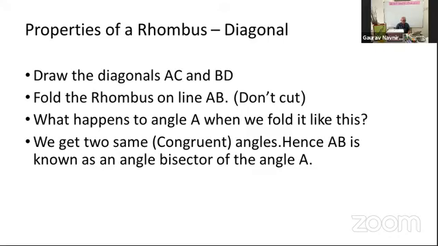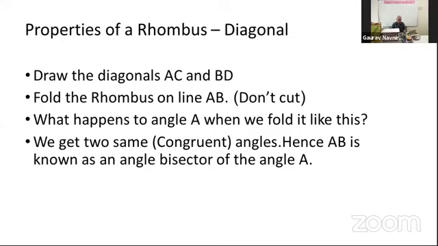The second line there is an error. It should read fold the rhombus on line BD, not AB. It should be BD. What happens to the angle? Or rather, instead of AB, we can have AC.